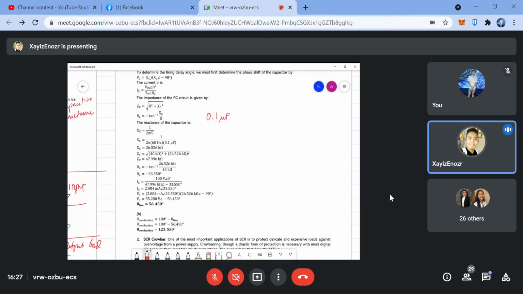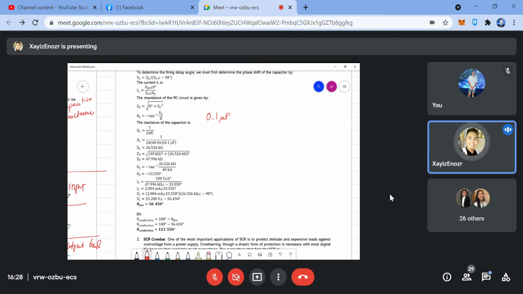Then, ang nasa formula, sa impedance, kailangan natin hanapin si XC or yung capacitive reactance. So yung capacitive reactance is 1 over 2 pi FC. Napag-aralan nyo ito siguro sa circuits 2, okay, sa AC.